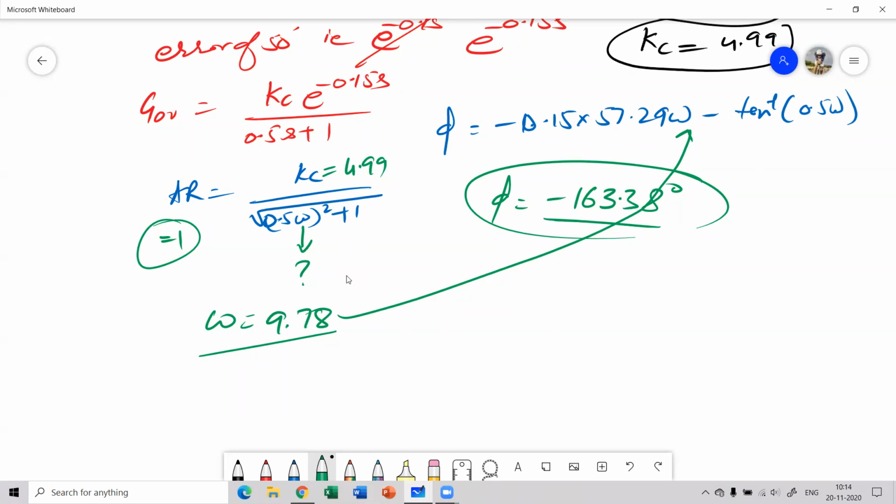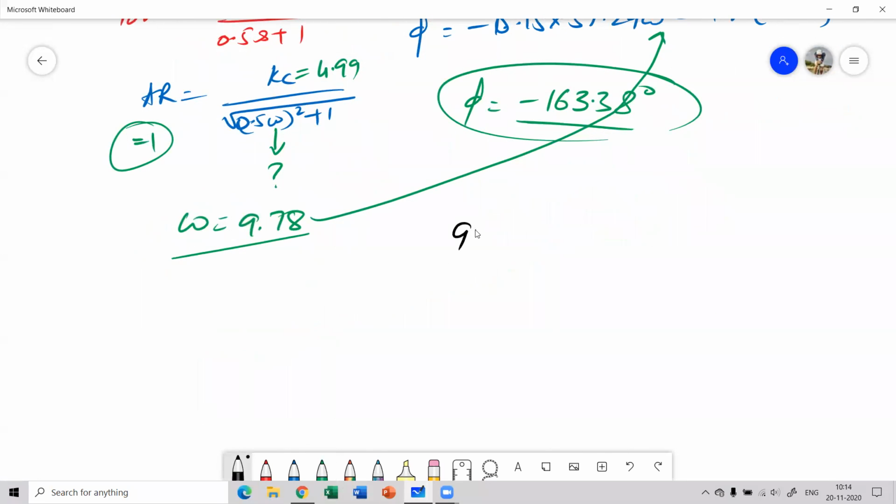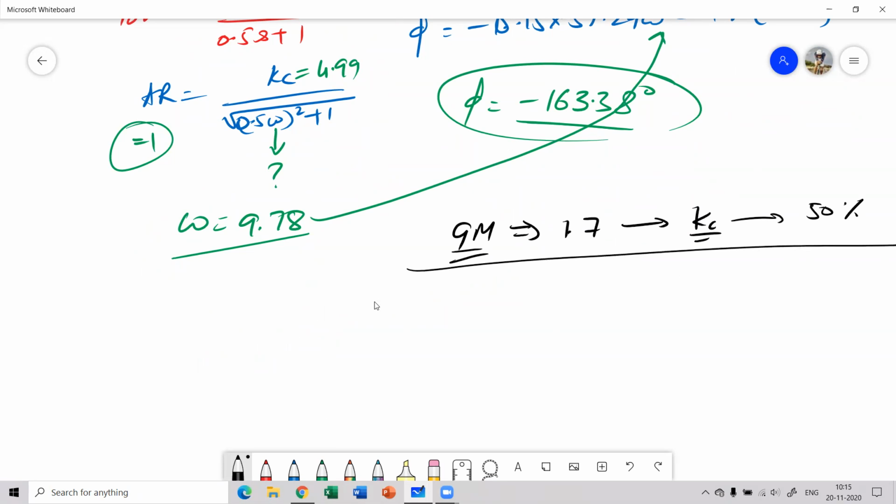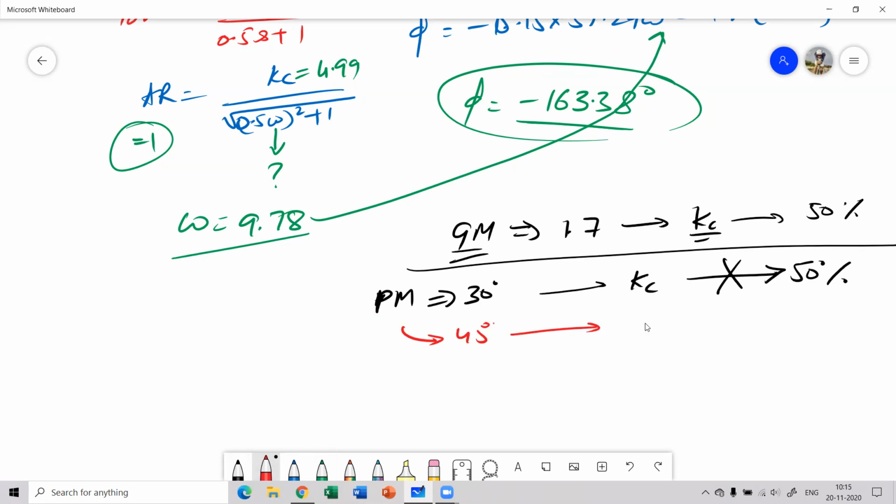So the overall summary of this topic was, अगर gain margin मैं 1.7 लेके कंट्रोलर ट्यून्ड करता हूं, सो जो भी उसकी वैल्यू आएगी दैट कैन विथस्टैंड एन एरर ऑफ 50%. वेयर एज फेस मार्जिन अगर मैं 30 डिग्रीज लेके कंट्रोलर ट्यून करता हूं, दैट इज नॉट एबल टू विथस्टैंड एन एरर ऑफ 50%. बट अगर मैं फेस मार्जिन 45 डिग्रीज लेके सिस्टम ट्यून करता हूं, इट इज आल्सो एबल टू विथस्टैंड एन एरर ऑफ 50%.